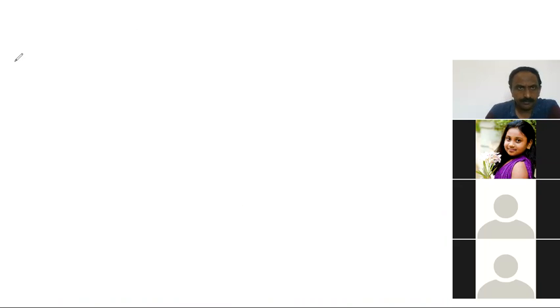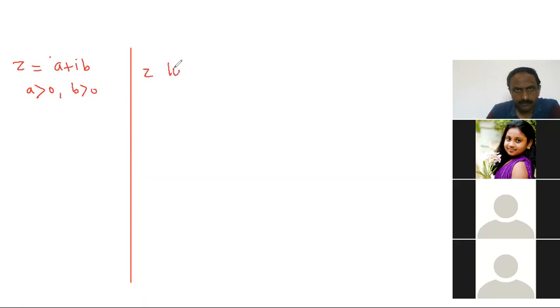So first point, if the complex number a plus ib lies in the first quadrant, what is the formula to calculate the argument? Argument or amplitude. So your complex number z is a plus ib. If a is positive and b is positive, then z will lie in the first quadrant.